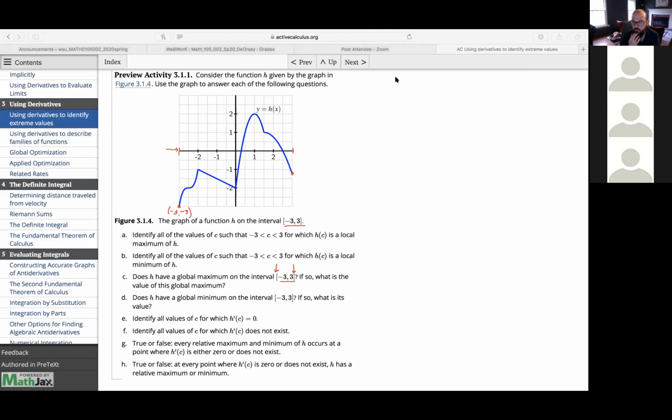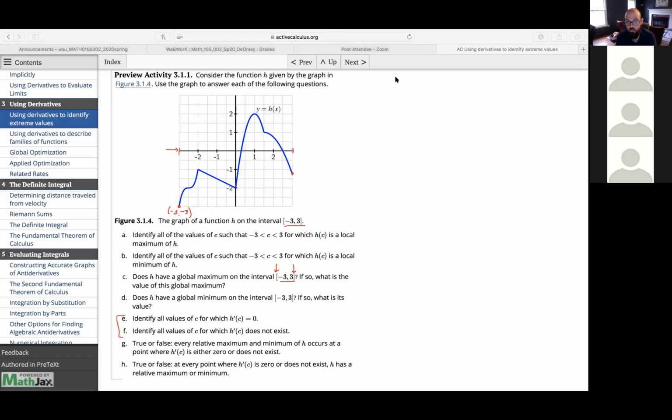Okay. So what we're going to see in parts E and F is we can actually use the derivative to help us identify some of these questions. How do I look at these points visually, if I can graph it? That's very nice.